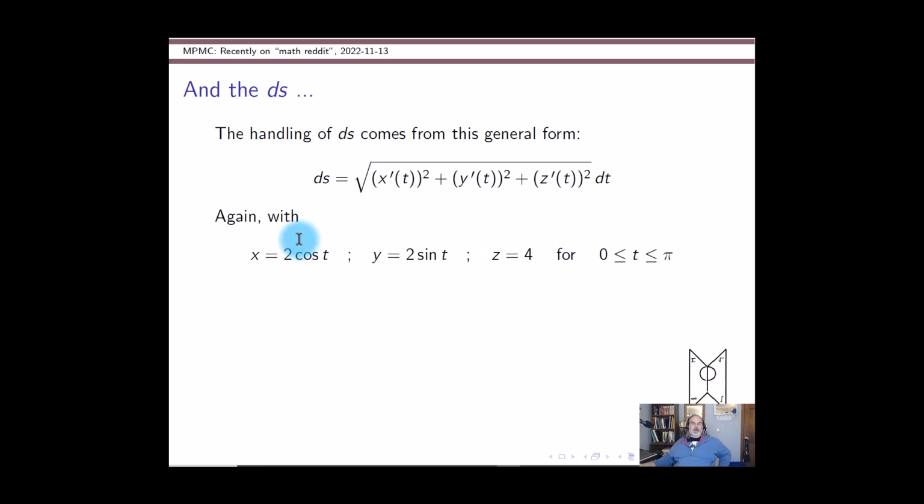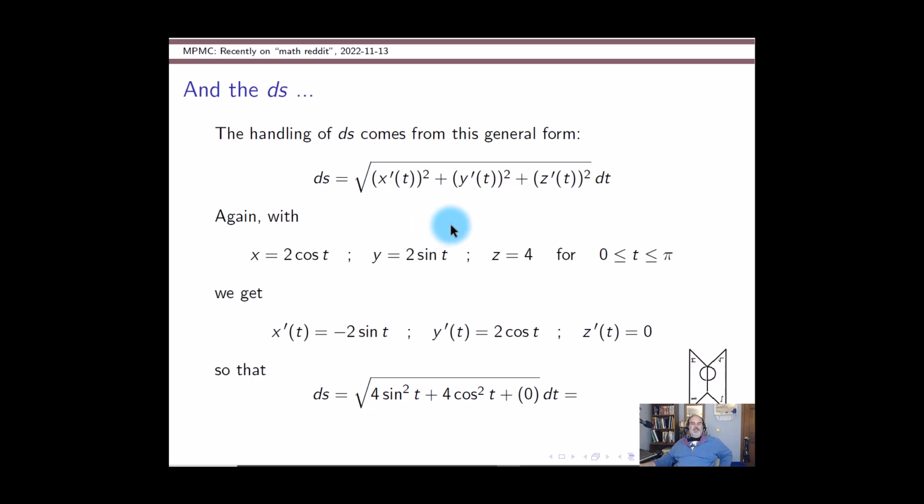So again, here they are, 2 cosine t, 2 sine t, and 4. So we find each of those derivatives, and then we load all that stuff up into this terrible square root, but it shakes down pretty nicely because we just end up with the square root of 4, because sine squared plus cosine squared is 1, so factor off the 4, and this just becomes 2 dt.